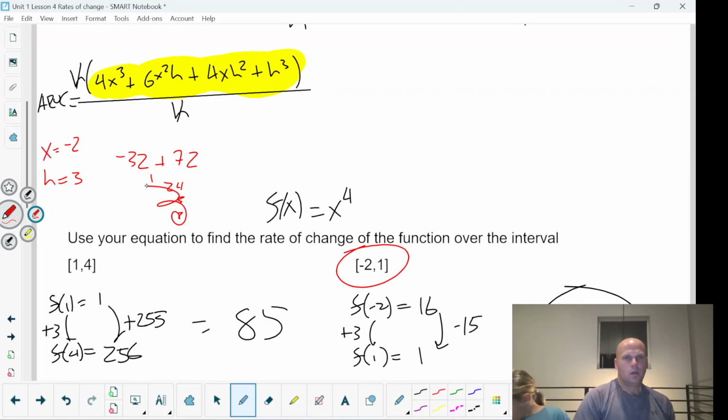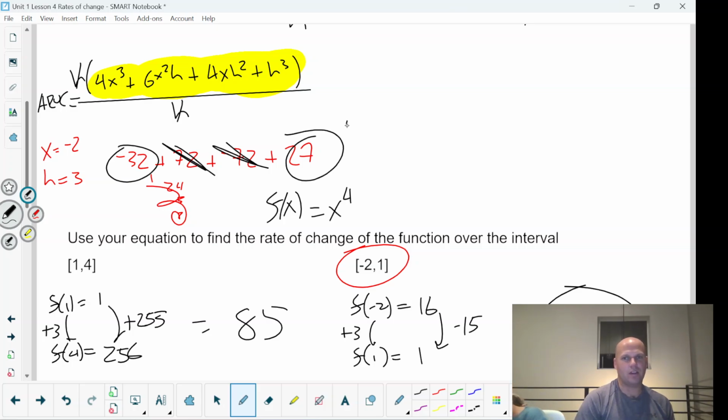Okay. 4 times -2 is -8 times 9, that's -72. Okay, that's nice. This is 27 h cubed. At least the 72s go away. I just have -32 plus 27. Guess what that is? -5.